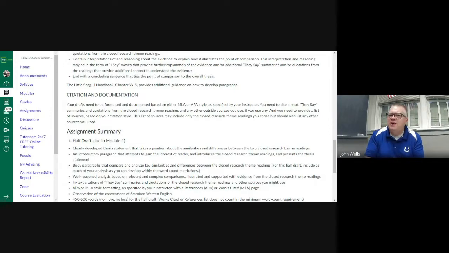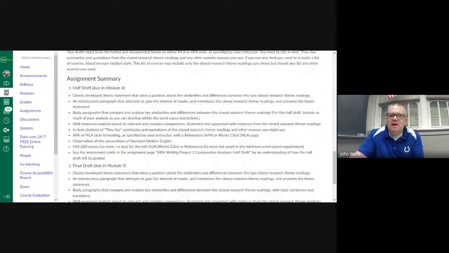I would also suggest for the strongest tone, avoid the second person as well. So we'll get rid of the yous as well. And just like last time, the expectation is half of the draft. The idea, again, is that we can say, okay, are we on the right path or not, right? But the more of the paper you turn in, the more feedback you're going to be able to get.